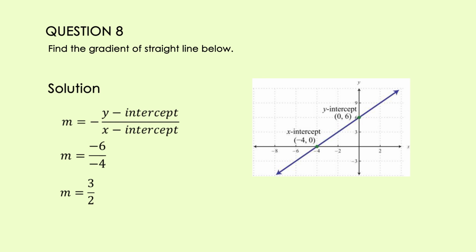As both points are intercepts of the x and y-axis, we can use the formula of intercepts, which is negative y-intercept divided by x-intercept. Now, by substituting both points into the formula, we will get negative 6 over negative 4. And simplifying, the gradient of the straight line is 3 over 2.